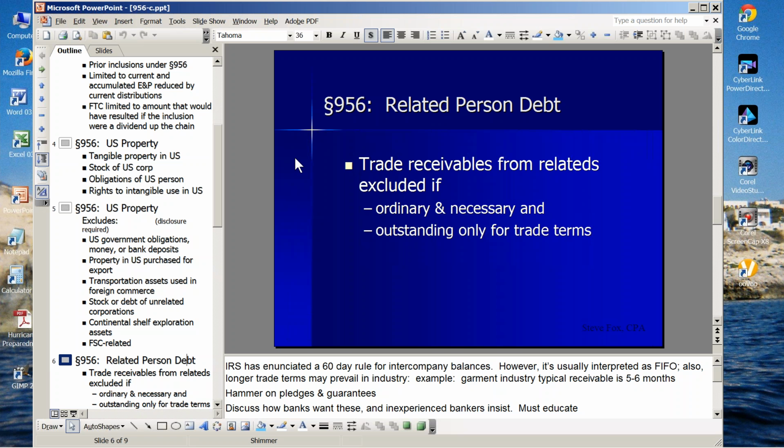The ruling, however, is only for goods. It's not for services. My practical experience has been that IRS agents are keen to apply that 60-day rule unless it's some industry that has long-term receivables as the norm. So the IRS agents think 60 days applies to goods and services. That's a good thing. There are some industries where normal trade receivable terms are very long.